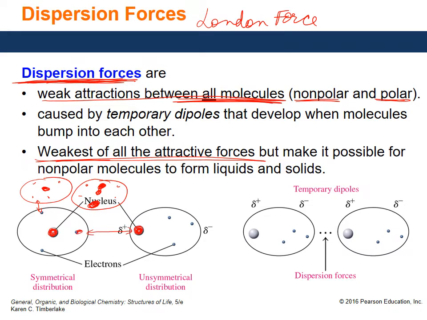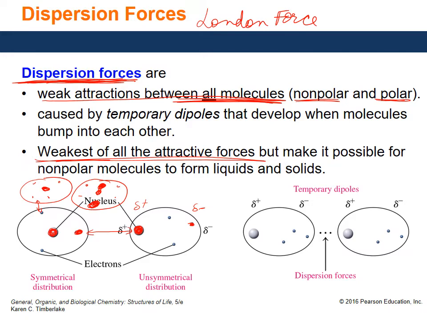Electrons basically repel each other, so electrons of this molecule and electrons of this molecule will move away from each other and try to repel each other. Because of this, this particular molecule will have a partial positive charge, because now the nucleus, instead of being in the center, has moved to the corner, and the electrons, instead of being all around it, have moved to one side of the molecule.